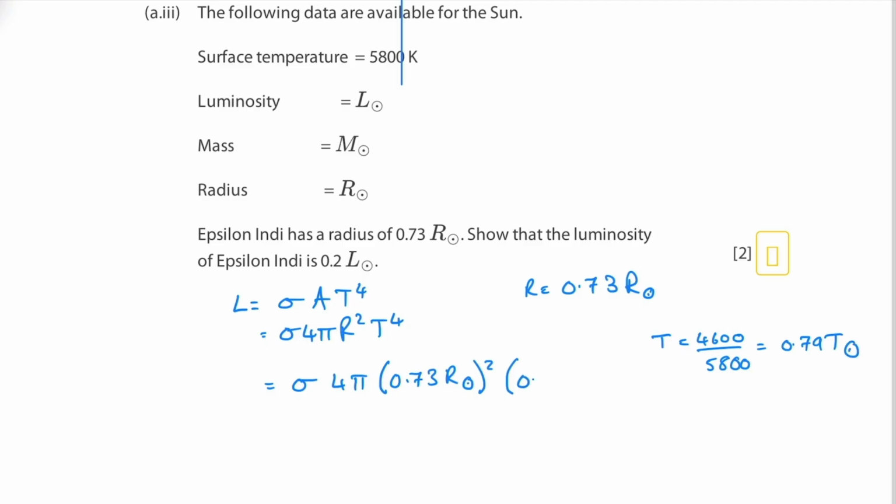So 0.79 temperature of the Sun to the power fourth. If we put those numbers in, we're going to get 0.21 of the luminosity of the Sun. And that's our number there. The luminosity of Epsilon Indi is that. And of course, if we put the correct number of significant figures, we've shown that that's the case.